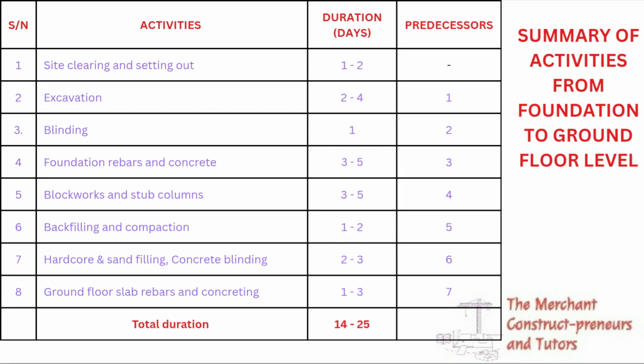Right, so before we undertake any project, we need to understand what needs to start, what needs to end, or what needs to follow up when one activity has ended, so that we don't end up wasting time, wasting resources, and the artisans wasting quality manpower due to not planning properly, right? So all these predecessors, we have 1, 2, 3, 4, 5, 6, 7, and the rest.